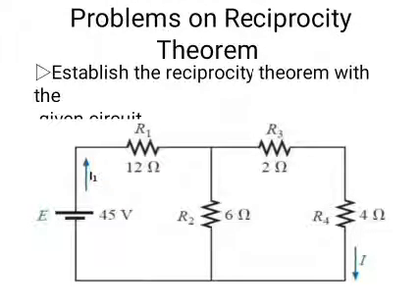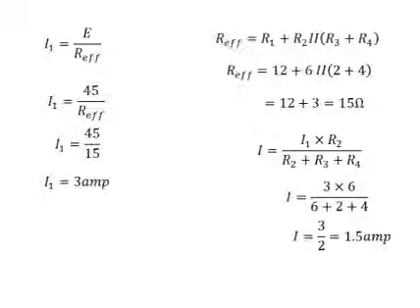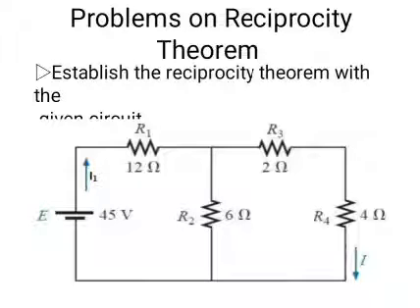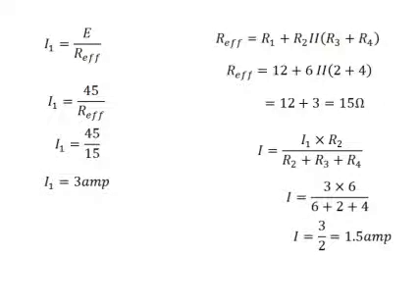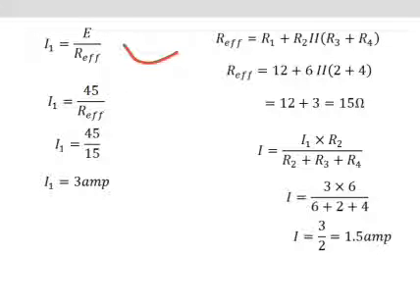Next problem, establish the reciprocity theorem with the given circuit. This is the given circuit. You know, I1 equals E divided by R effective.